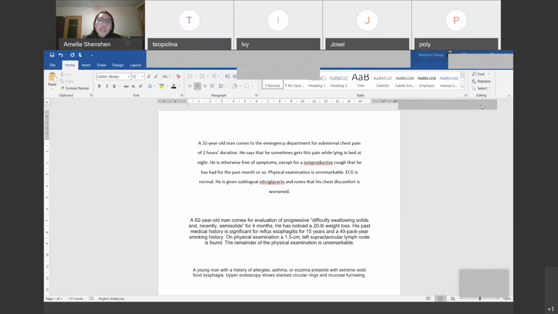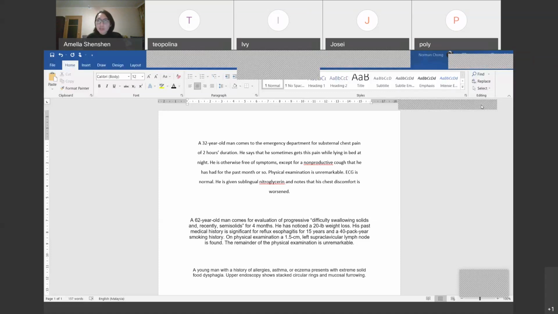But you see, by lying in bed and at night, what might send us thinking that this is Prinzmetal angina is simply just at night, right here. So that's something that might give us an idea that this might be Prinzmetal angina. But the problem is here, while lying in bed.